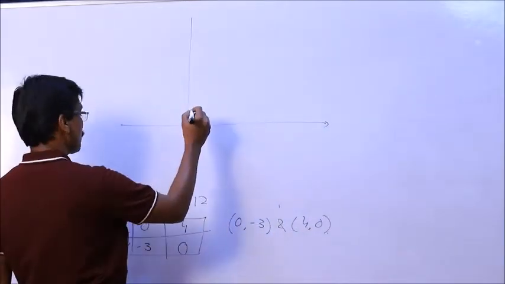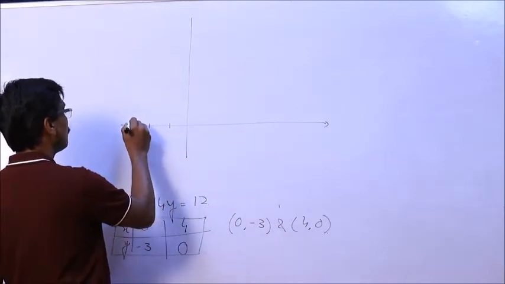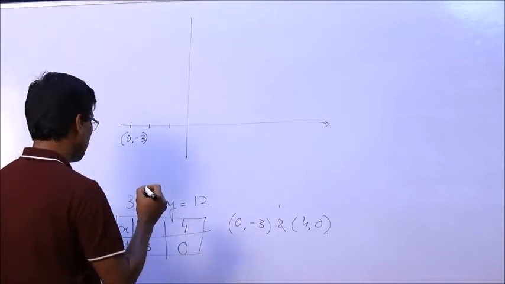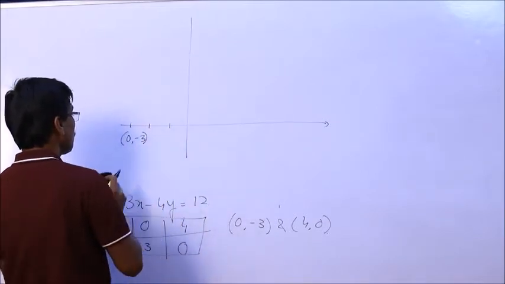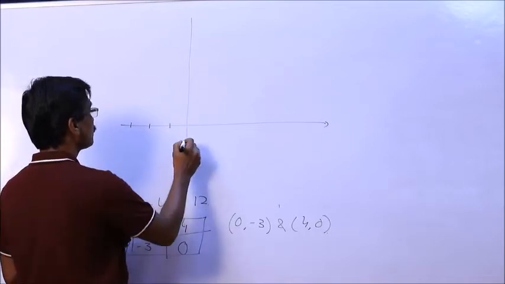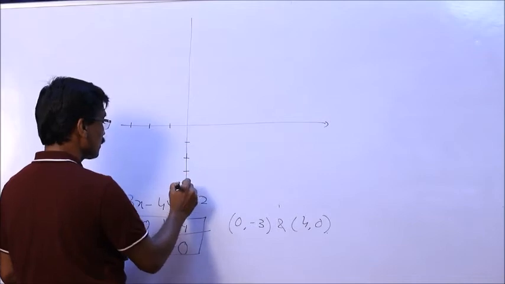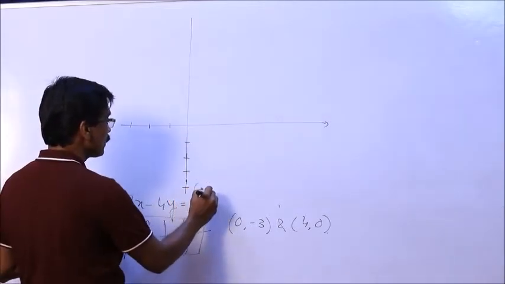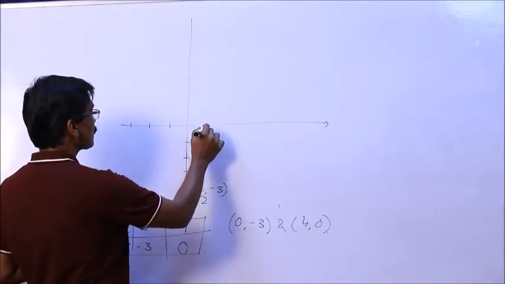So, the point (0, minus 3) is on the y axis, and the point (4, 0) is on the x axis.